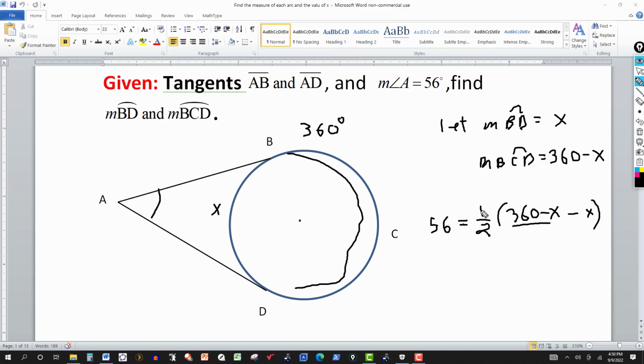And then usually on these types of problems you're going to have that 1/2 out here. Sometimes you can distribute and multiply through. If the terms or numbers there are not divisible by 2, you can multiply both sides by 2 to get rid of the fraction. So here I'm going to multiply both sides by 2. 2 times 56 is 112.